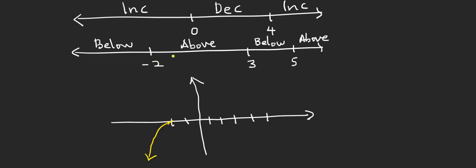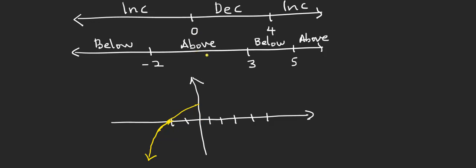What is our next interval that we need to look at? -2 to 0. What happens from -2 to 0? f of x will be increasing and stay above. So it continues to increase.